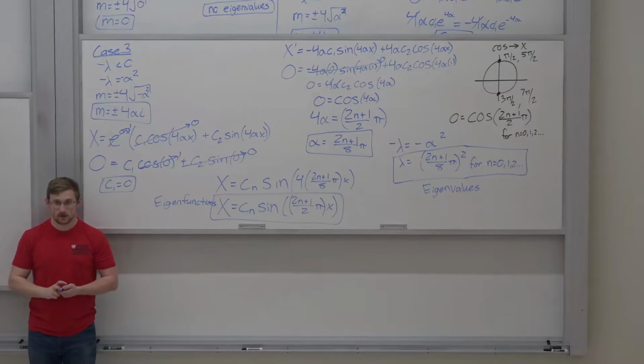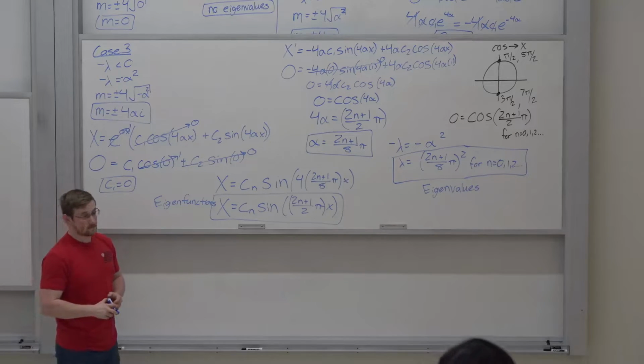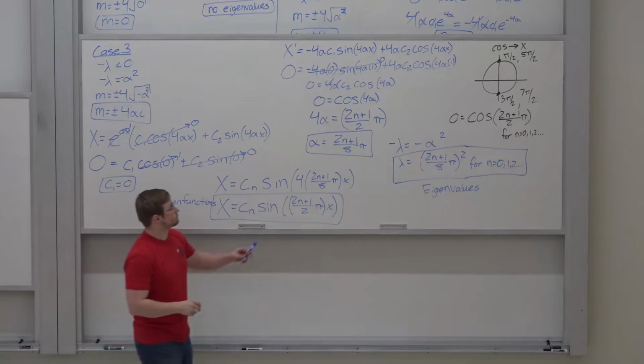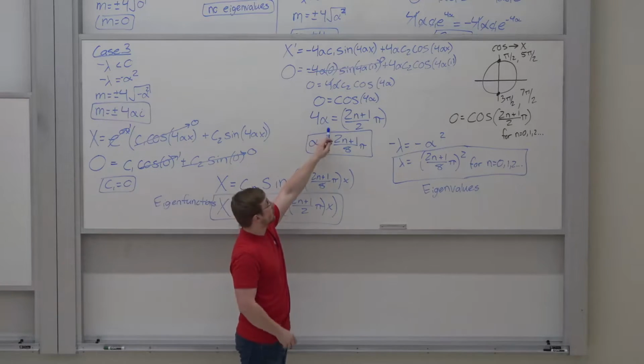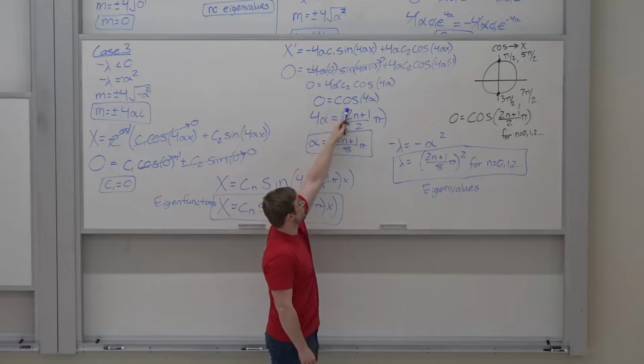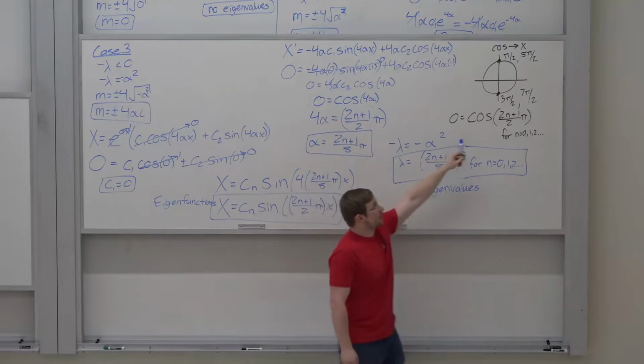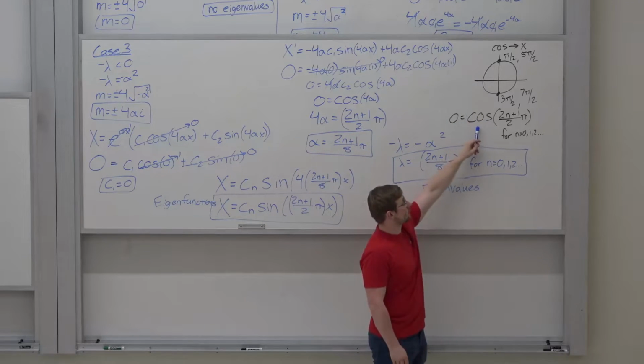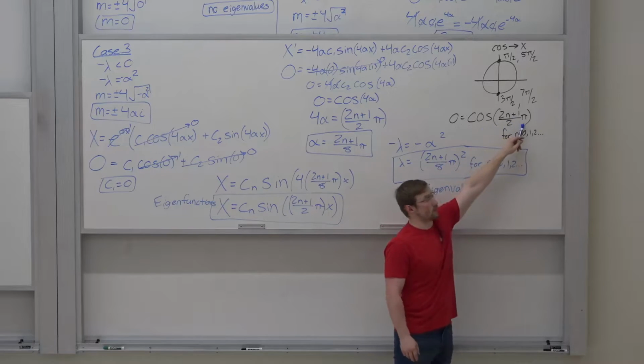Make sense? This one? Because I know that 0 is equal to cosine of 4 alpha. And from looking at my unit circle, I know that 0 is equal to cosine of 2n plus 1 over 2 pi.